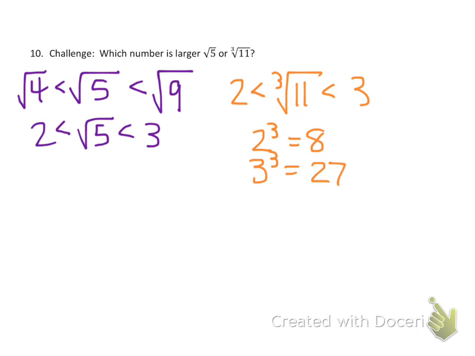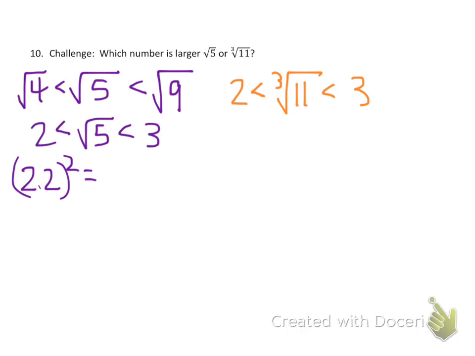Let's give ourselves some room. Let's work on the square root of 5, taking that out a little bit bigger. So we think it's closer to 2 than to 3. So let's do 2.2 squared. 2.2 squared would be 4.84.